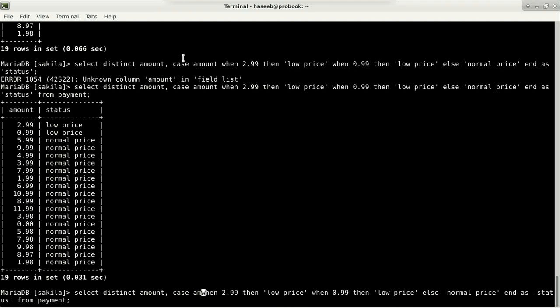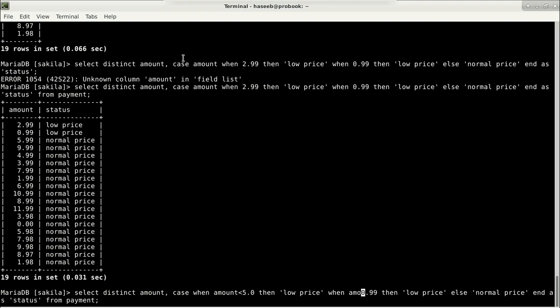Instead of writing amount here, now I will write a condition here. I say when amount is less than 5.0, then print low price.